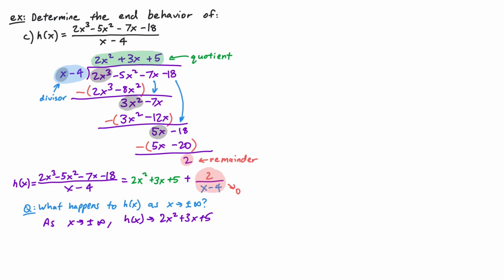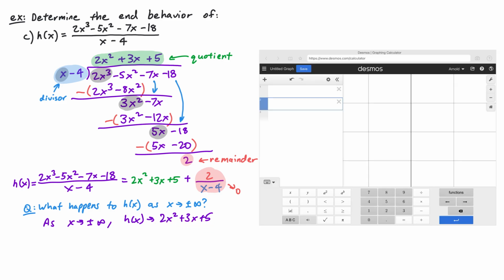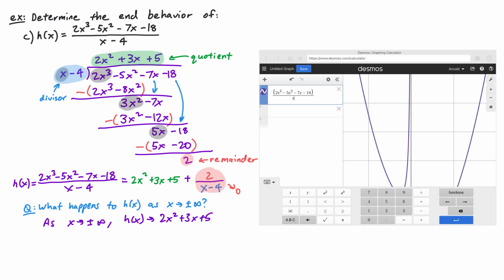And if we look at the graph, we'll see that as we trace the graph of h of x to the right and left, it'll eventually get closer and closer to the parabola defined by this quadratic function. Let's plot our function. We have 2x cubed minus 5x squared minus 7x minus 18, all divided by x minus 4.